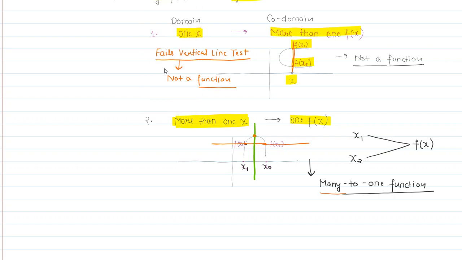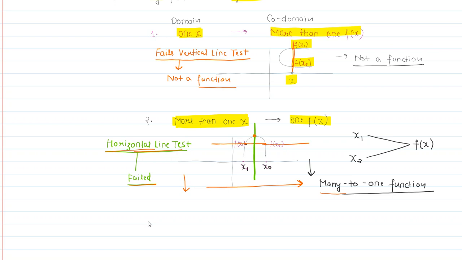And whenever the graph of a function fails the horizontal line test, and the vertical line test is passed, it means it is a function, but it is not a one-to-one function, but rather a many-to-one function.